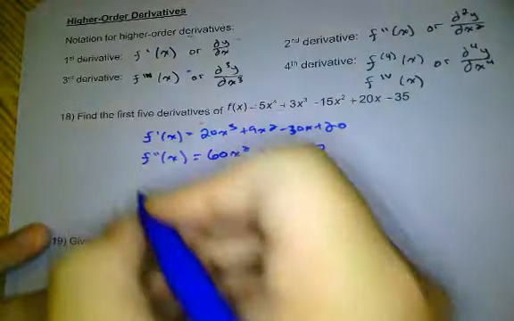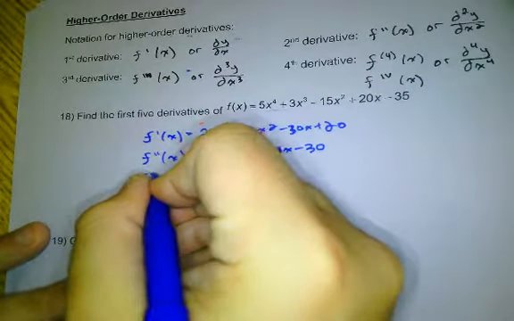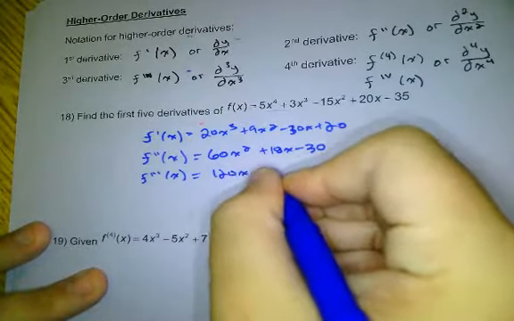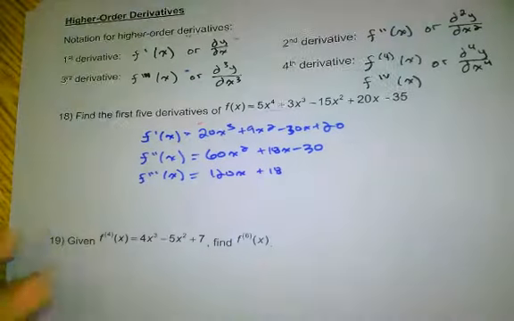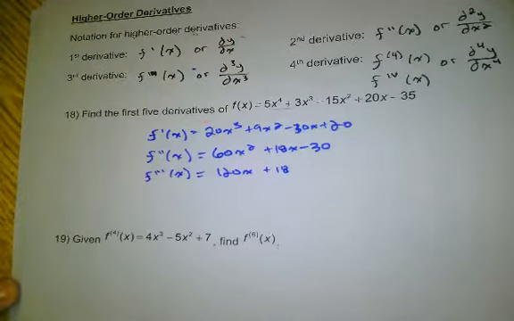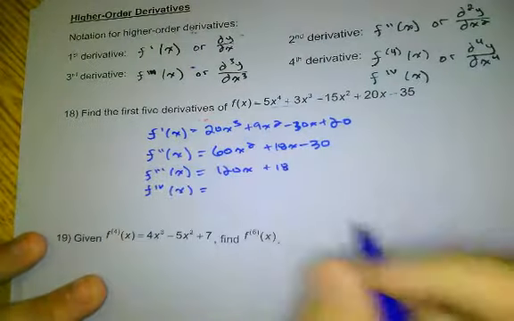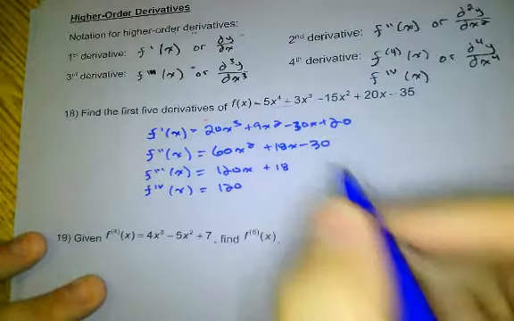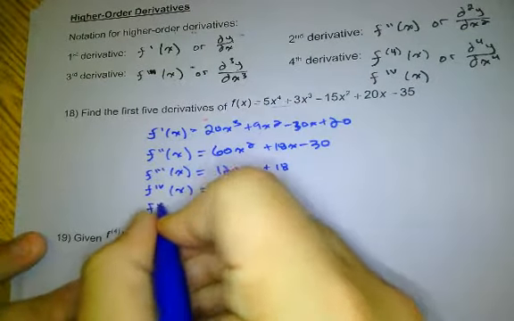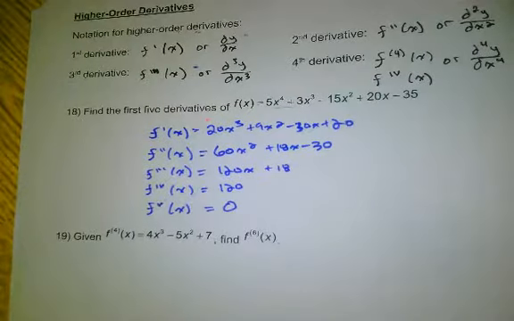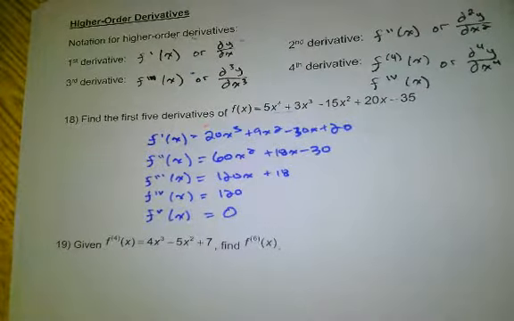The third derivative is the derivative of the second derivative. 120x plus 18, I don't care. The fourth derivative is 120. The fifth derivative is 0. Did you have fun? Me too.